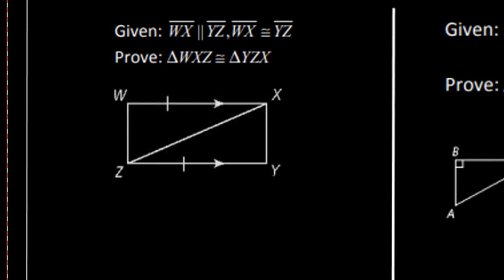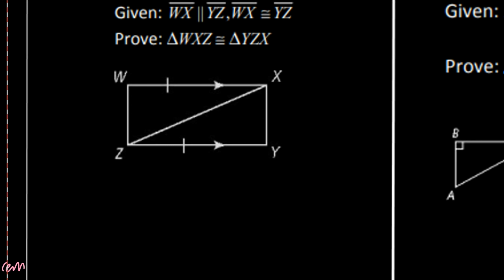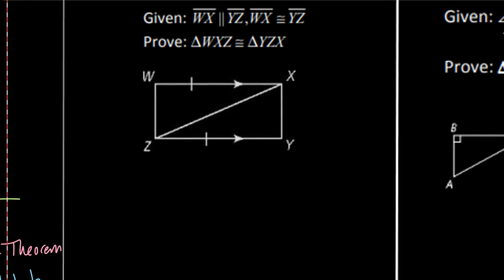Number 1. Example 3. It says WX is parallel to YZ, and WX is congruent to YZ. And it asks us to prove that triangle WXZ is congruent to YZX. So the first thing we check is that the given parts it tells us are congruent are marked congruent.